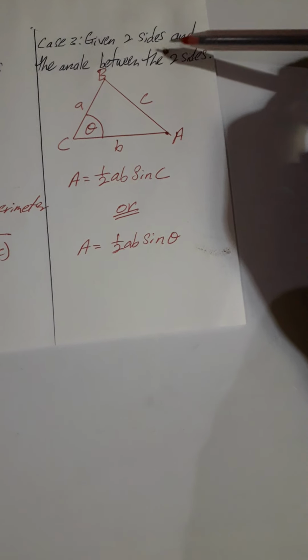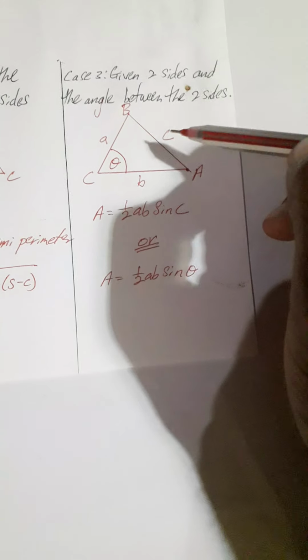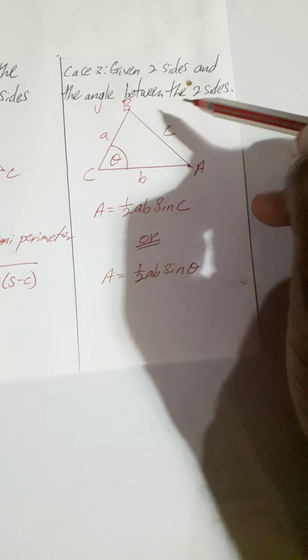Alright, another one, case 3. So given the lengths of two sides and an angle, let me just put this down here. Good. Given two sides and the angle between the two sides.